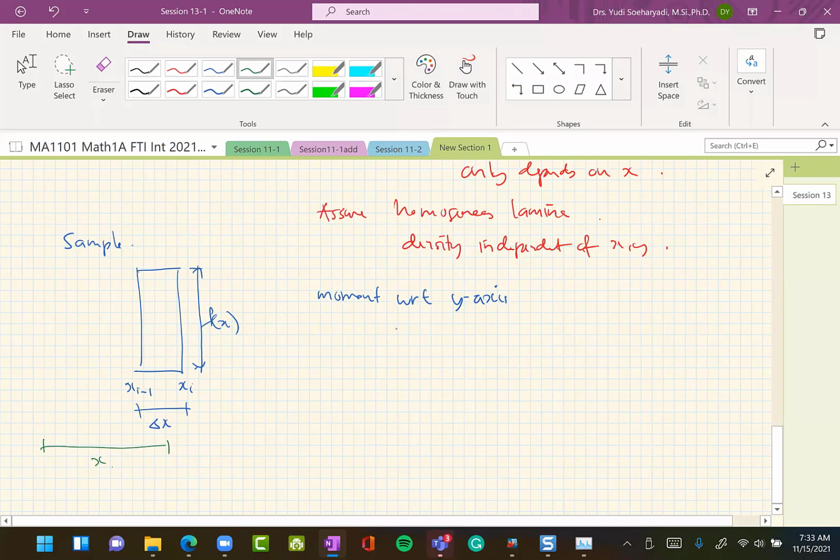So this moment here is delta M_y. It's just x times the mass of this. Say the density is just delta.